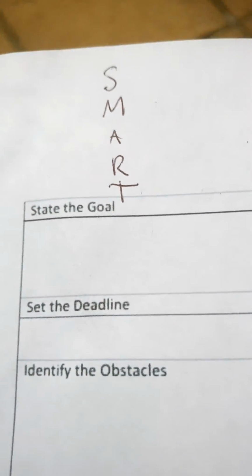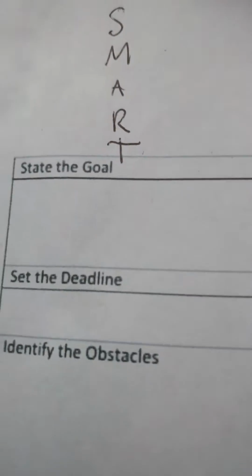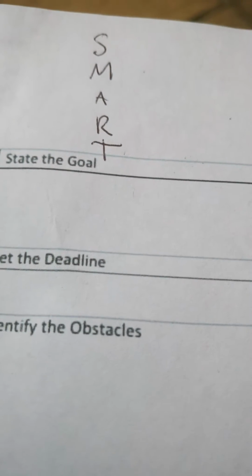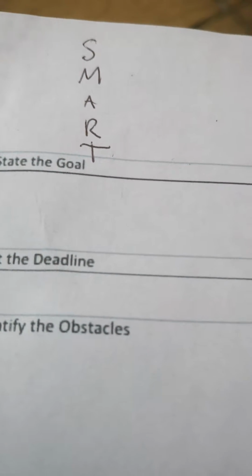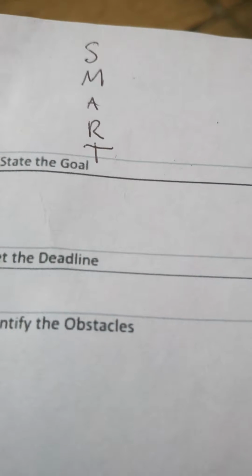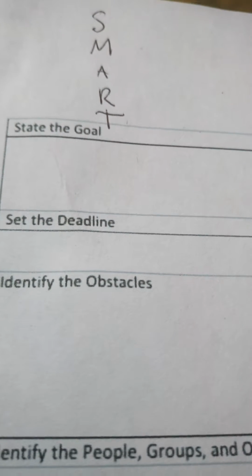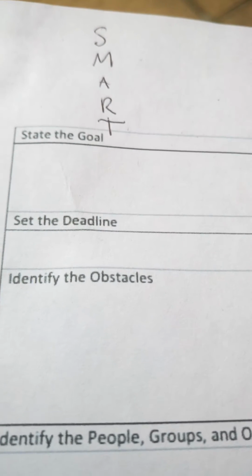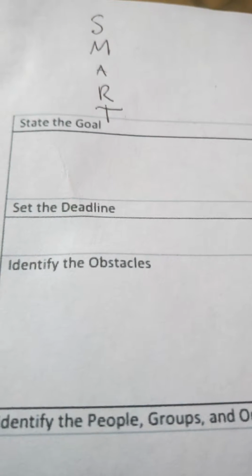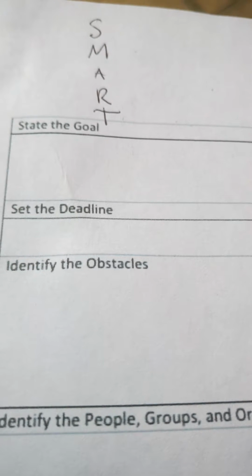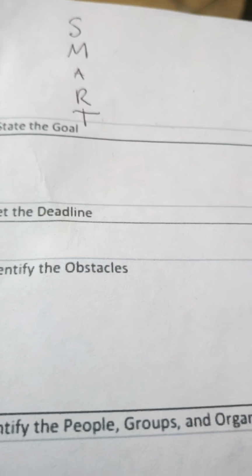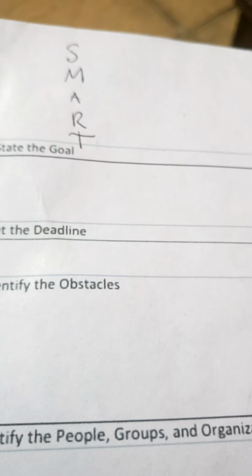So let's get on to the template. State the goal. This is the outcome goal. This obviously has to be measured by the SMART. That's the criteria. So, for instance, some time back I gave this template to a female, and she brought it back, and her goal was to get a flat tummy. That's not very specific, is it?